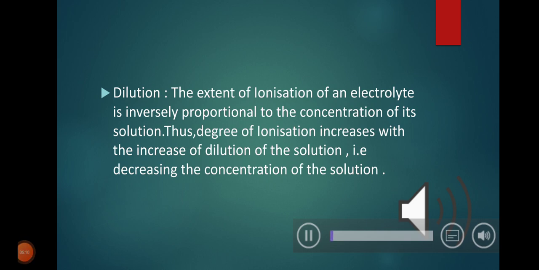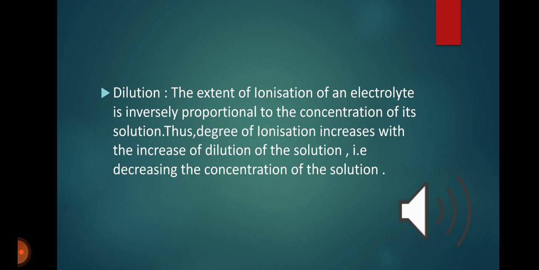So next is dilution. The extent of ionization of an electrolyte is inversely proportional to the concentration of its solution. Listen, students, inversely proportional to the concentration of its solution. Thus, the degree of ionization increases with the increase of dilution.